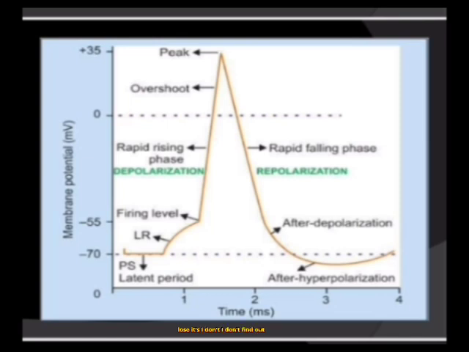Potassium ion channels open, causing the efflux of potassium ions from the interior of the cell to the exterior. It means that potassium ions are moving out of the cell, from the ICF to the ECF.